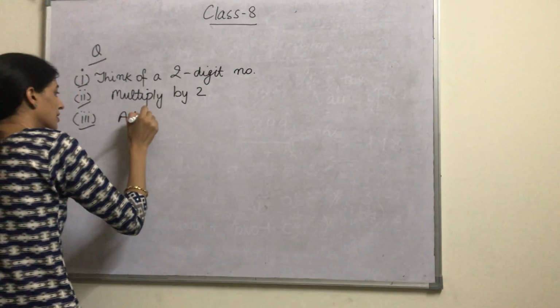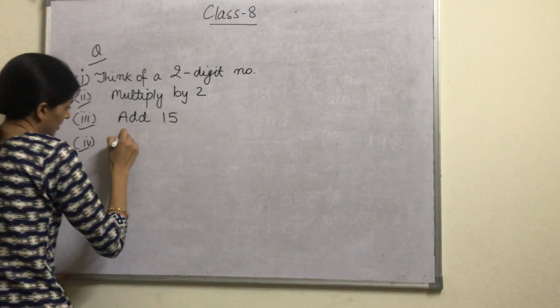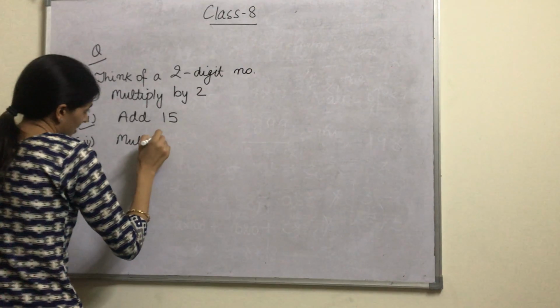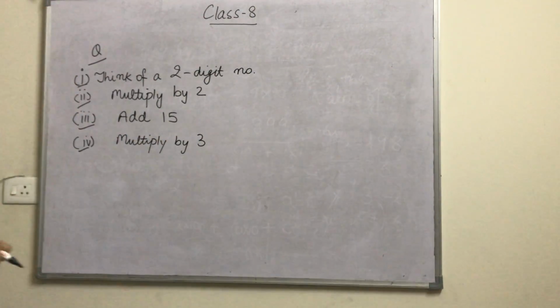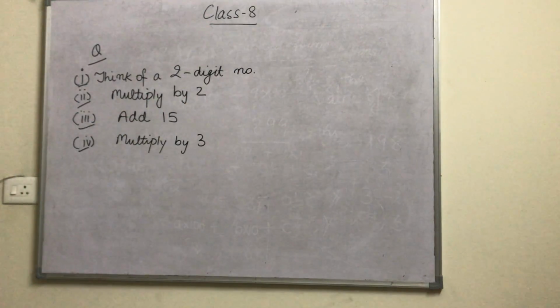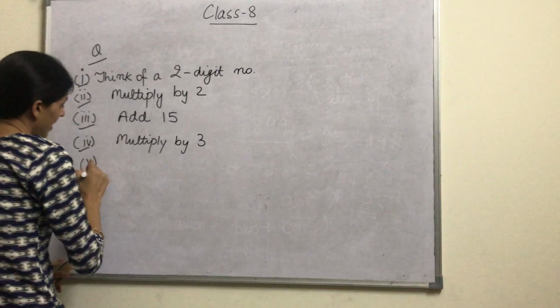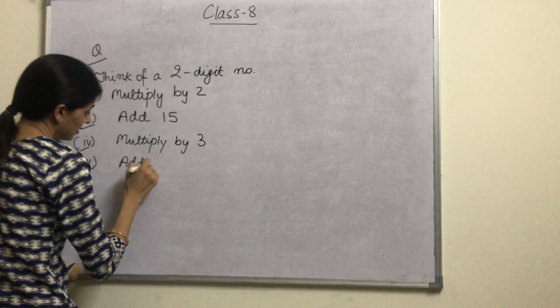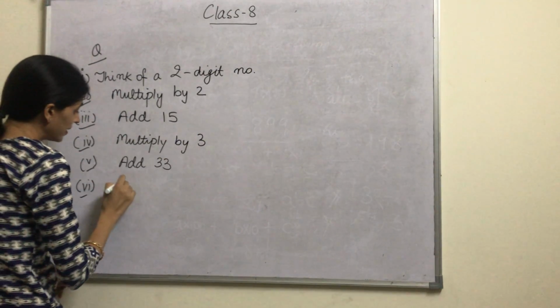Fourth is multiply by 3. Then add 33. Divide by 6.